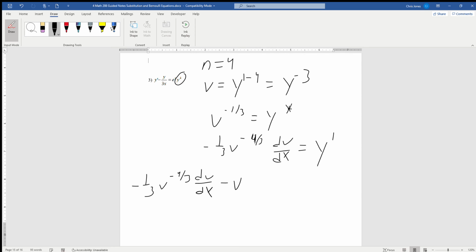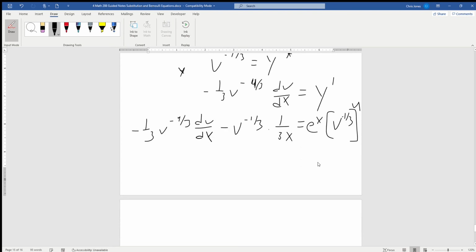So we have v to the minus 1/3 times 1 over 3x. Right, and right here is that 1 over 3x. And then finally, that's going to be equal to e to the x times v to the minus 1/3 to the 4th power. All right, and that's right here, being able to substitute in.